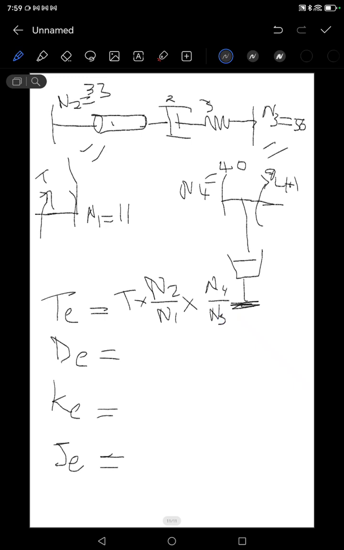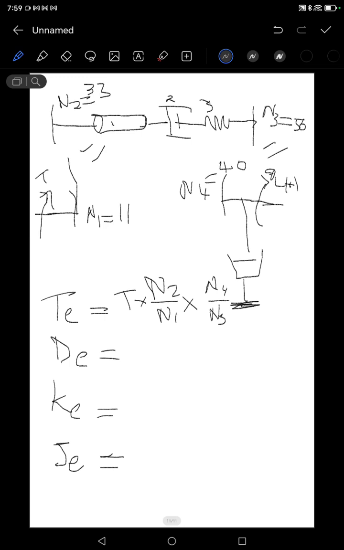So this is how we're gonna write our torque. We multiply it with gears, from gear 2 to 1 and gear 3 to 4. Remember, when a gear moves, the other one also moves. That's why we're multiplying these numbers of teeth.